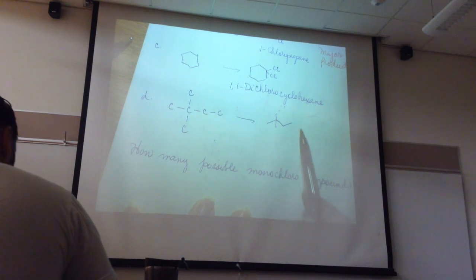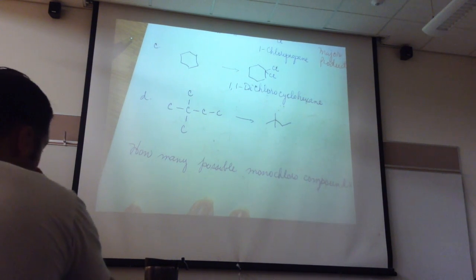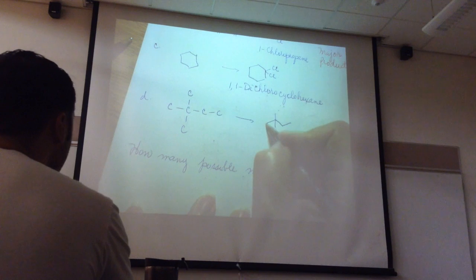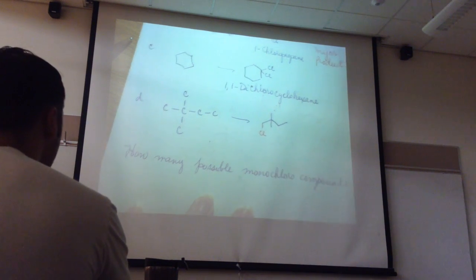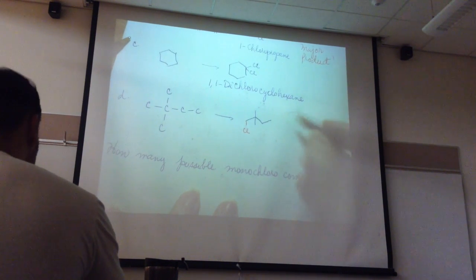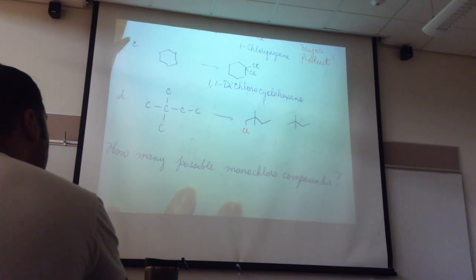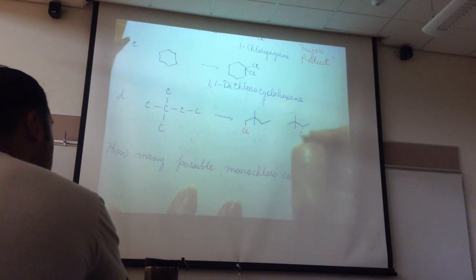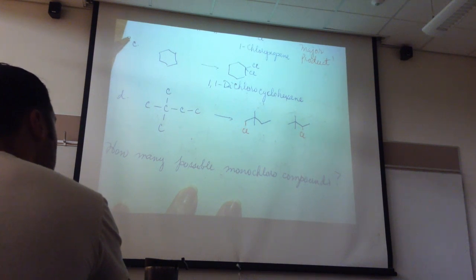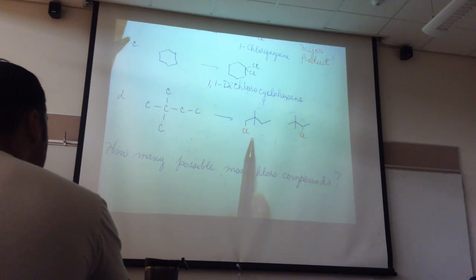2,2-dimethylbutane, right? So if I put the chloro here, and I'm making the easy ones first, if I put the chloro there, it's going to be very different than if I put the chloro here. Yes or no? Okay, if we're naming this guy, the name is 1-chloro-2,2-dimethylbutane.